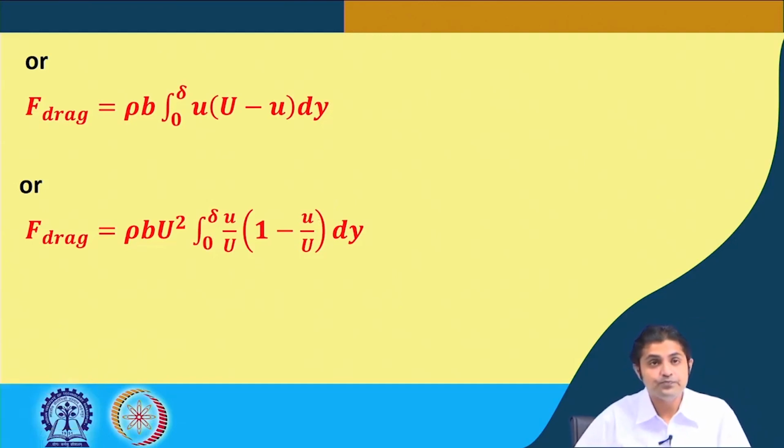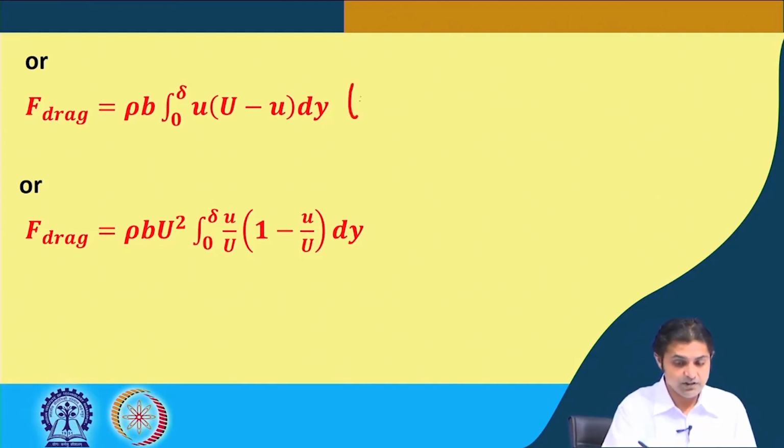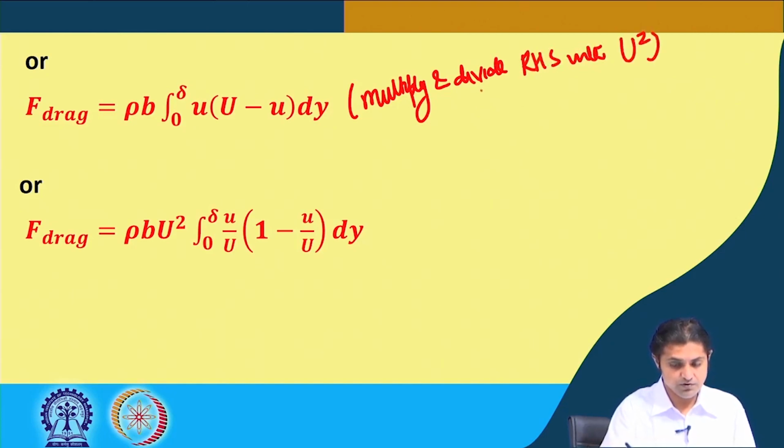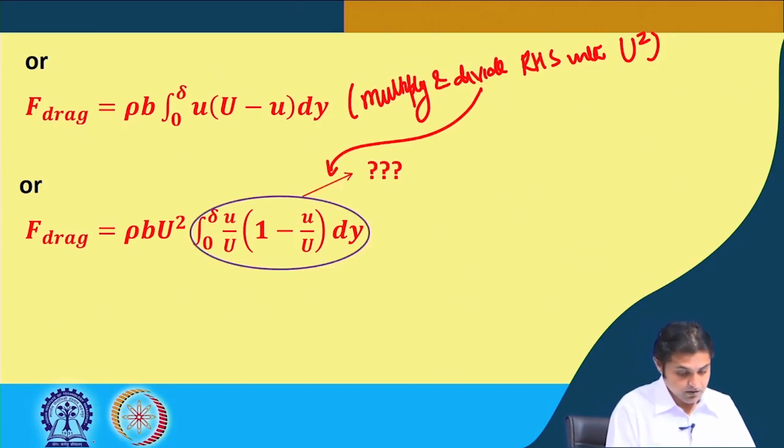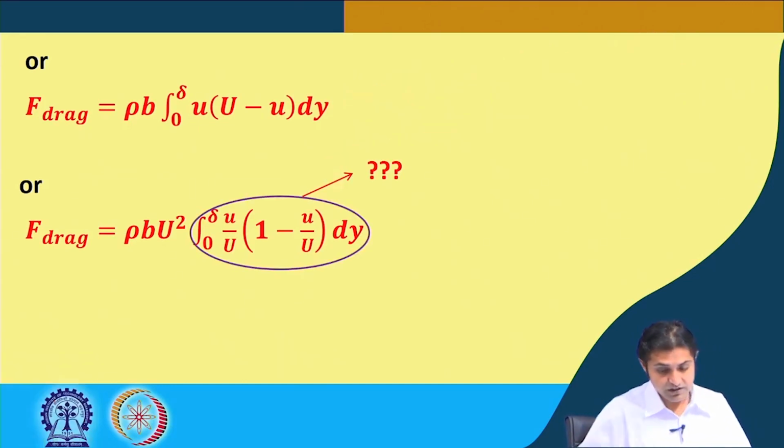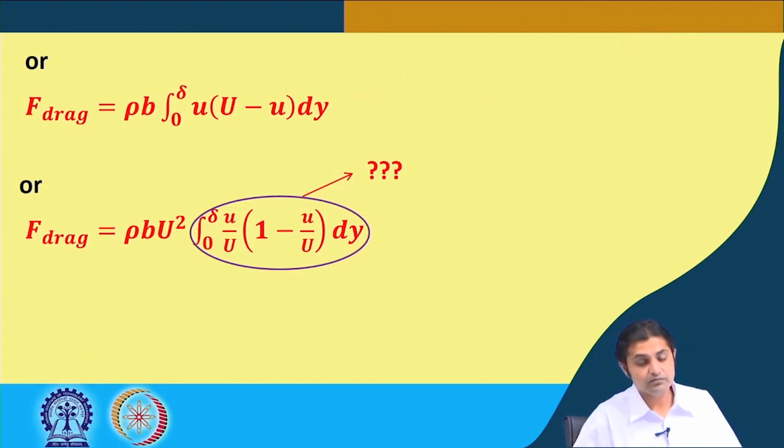Alright, very simple. Simply I will multiply and divide RHS with capital U square, then you can get this. So, now what is this? You remember?